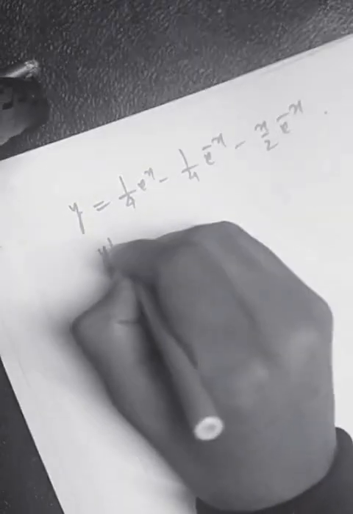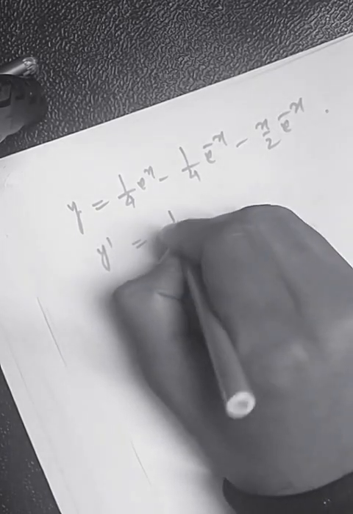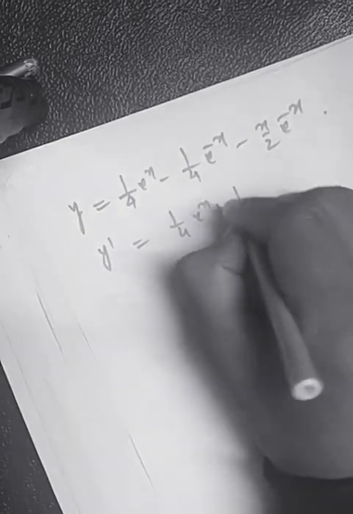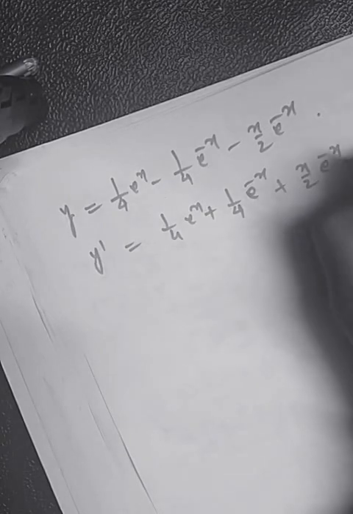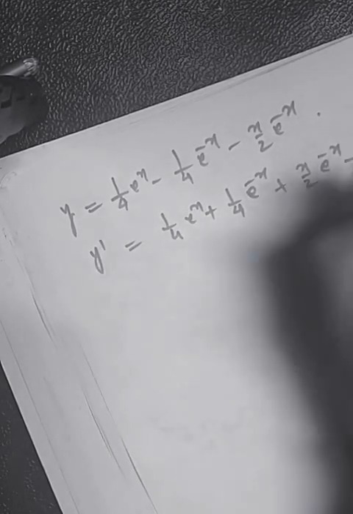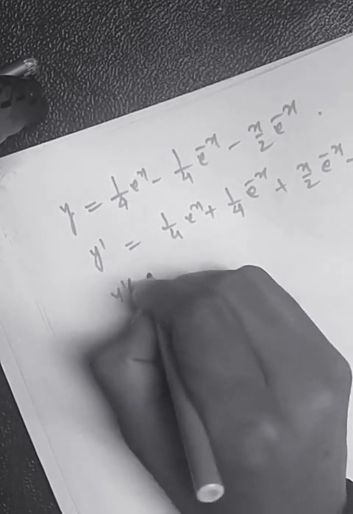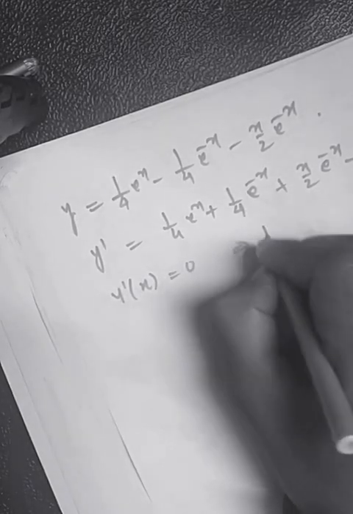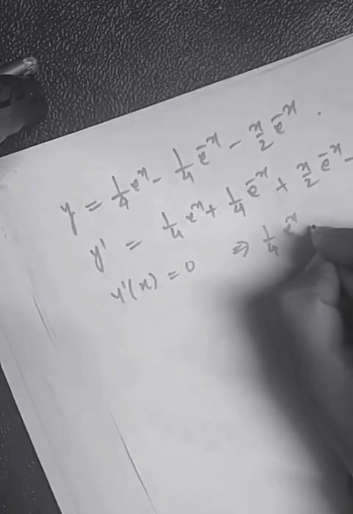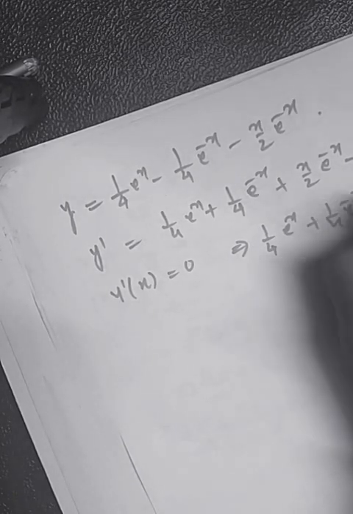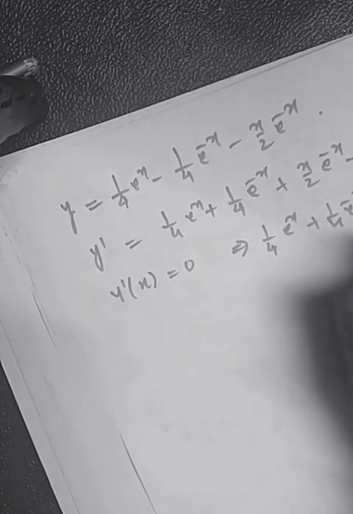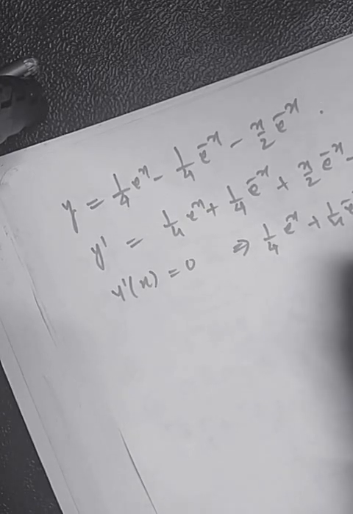Now y dash is equal to 1 by 4 e to the power x plus 1 by 4 e to the power minus x minus x by 2 e to the power minus x minus half of e to the power minus x. If y dash x is equal to 0, then 1 by 4 e to the power x plus 1 by 4 e to the power minus x plus x by 2 e to the power minus x minus e to the power minus x is equal to 0.